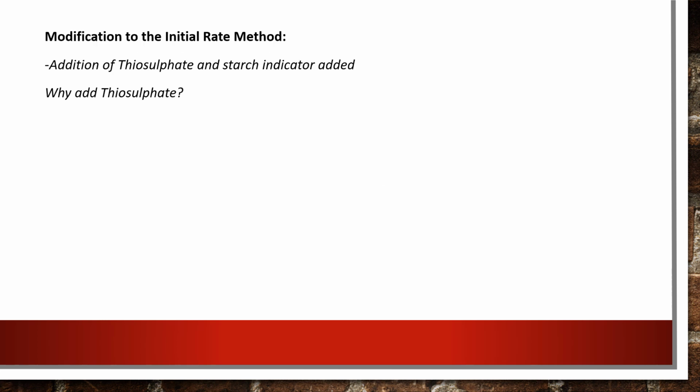There are various modifications that were made to the initial rate method for this experiment, such as the addition of thiosulfate and a starch indicator. When will thiosulfate be added, and why will it be done? Thiosulfate is to be added at the beginning of the reaction in the reaction flask with the other reactants. Since it does not react at an appreciable rate with any of the other reactants in this experiment, why is it being added then?